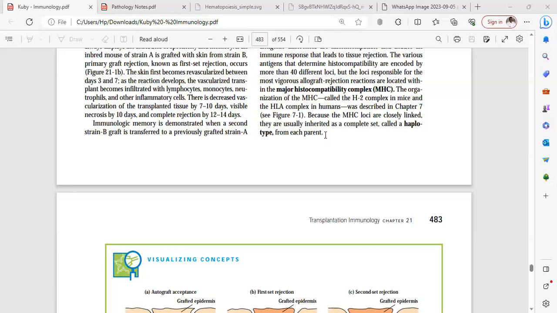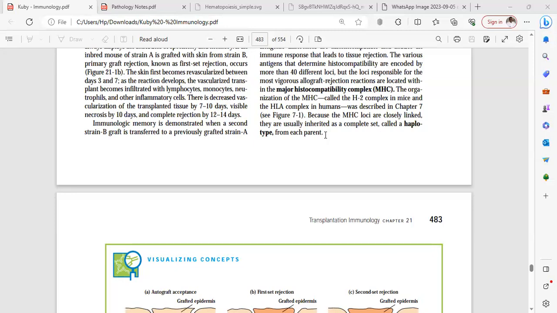So for graft rejection, you have a heart, let's say, as an example, from person A to person B, of which person B is the host. Once you take the heart from person A to person B, the host immune cells see the heart from person A as a foreign substance.